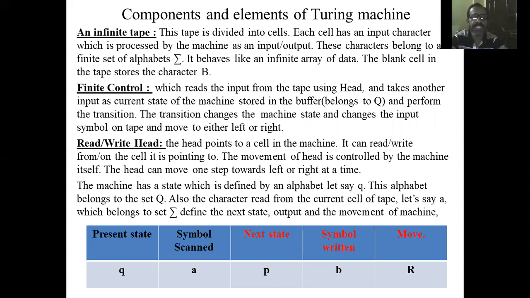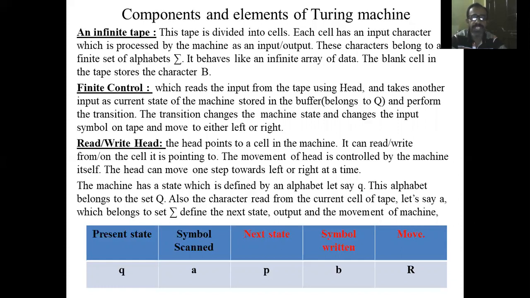Generally, the finite control is used for performing operations on the Turing machine. It uses the header and the tape input; the header points to one input on the tape, and it takes the current state, which is maintained in a buffer by the finite control, and performs the transitions.